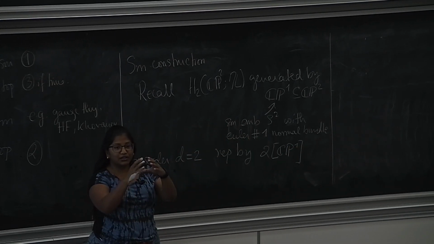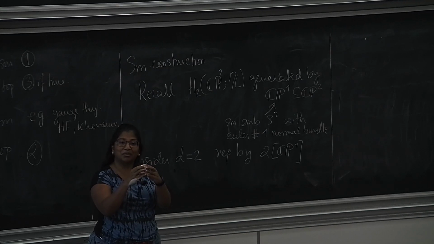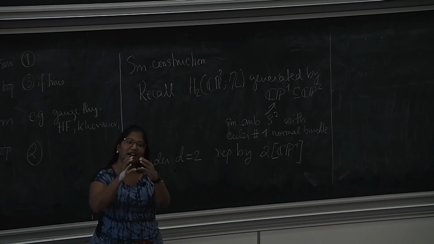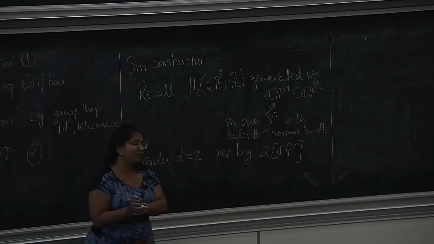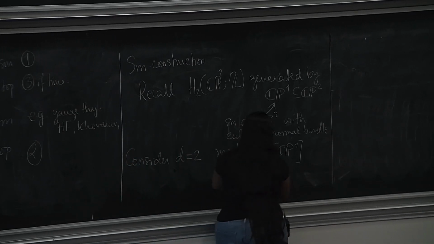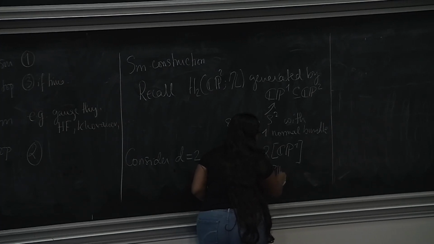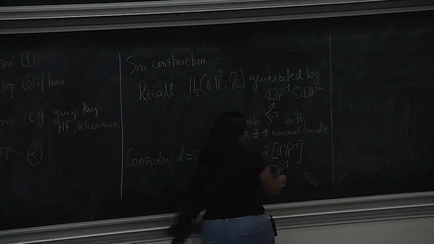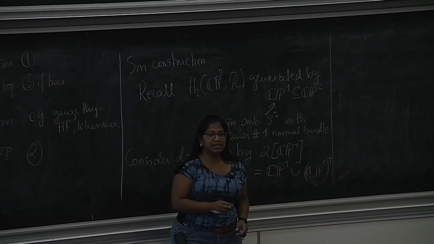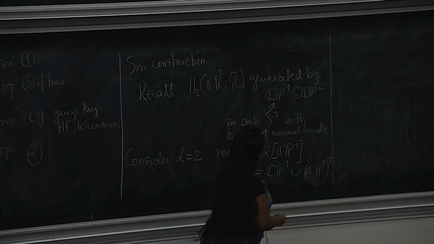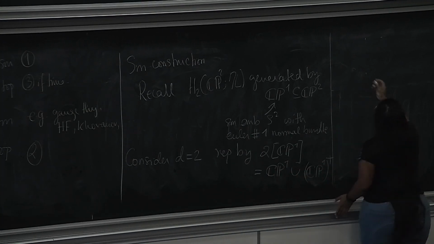So I could consider CP1 plus a slightly pushed off copy of that CP1. I could think of this as my original CP1 union CP1 just slightly pushed off. That's what that plus is supposed to mean. What will that look like?